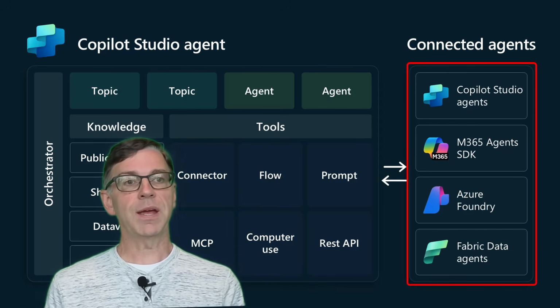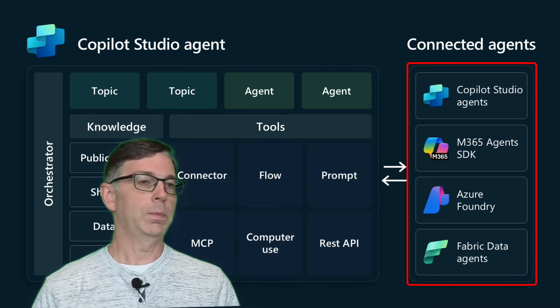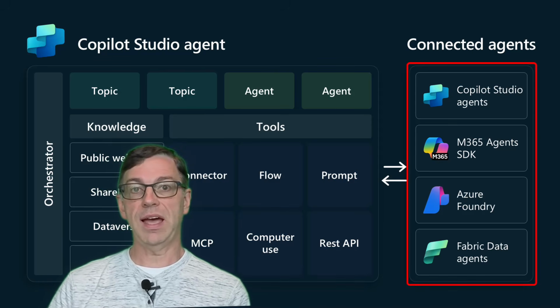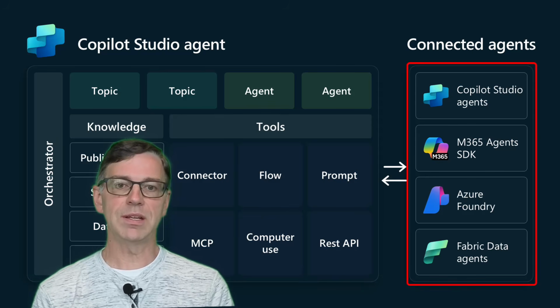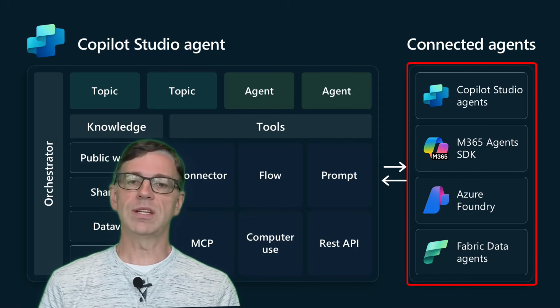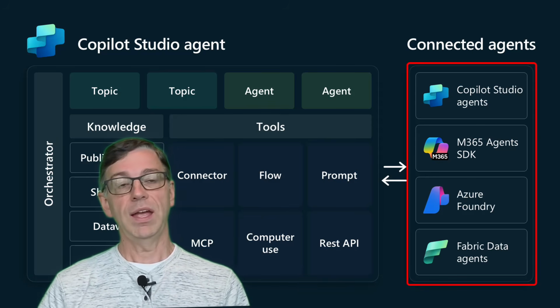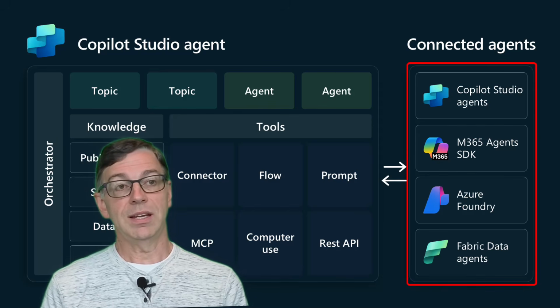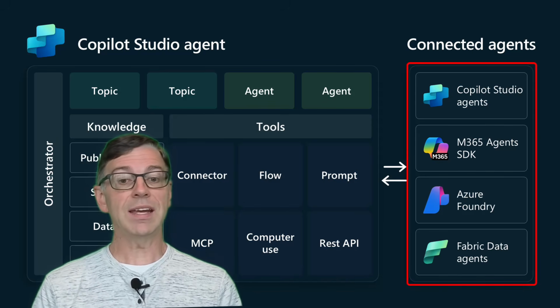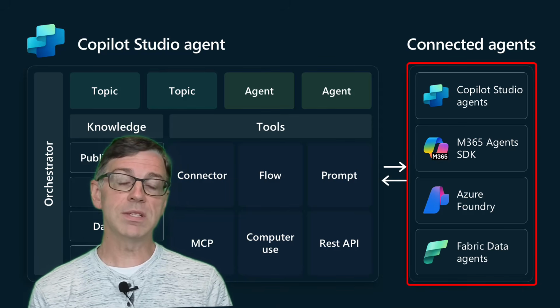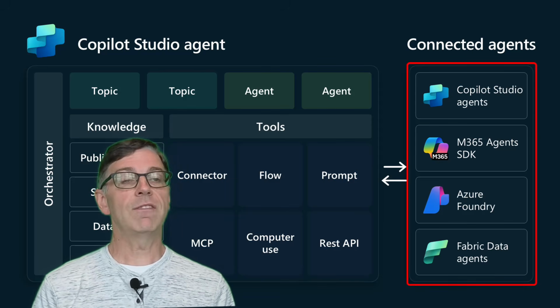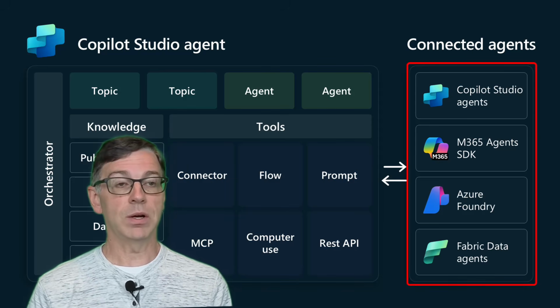And in this space, we can connect to Copilot Studio agents that we built that are available and are set so that they can be consumed. But we can also connect to M365 agents that have been created in the M365 Agents SDK. We can also connect to Azure Foundry implementations. And we also have Fabric data agents that we might want to connect to.